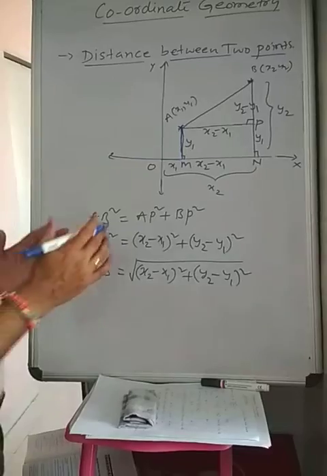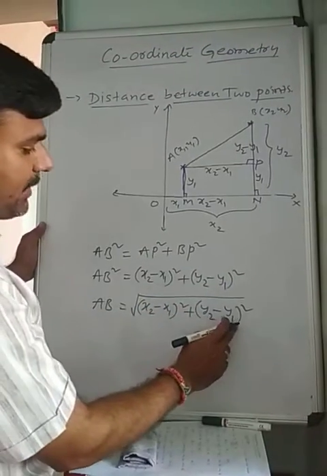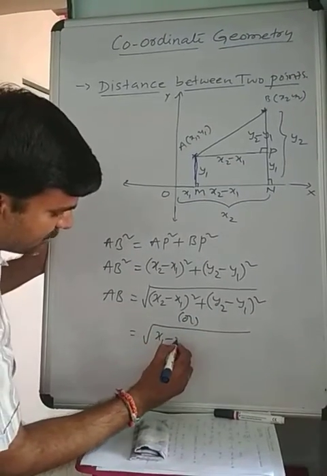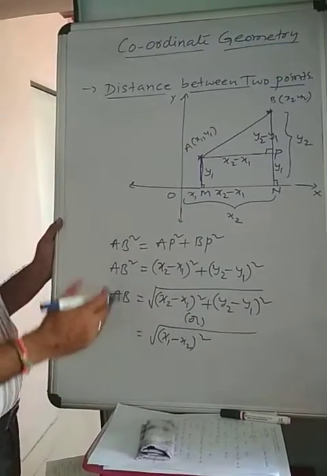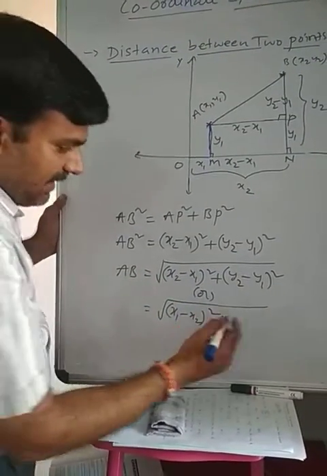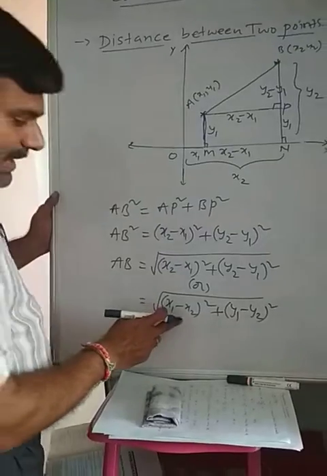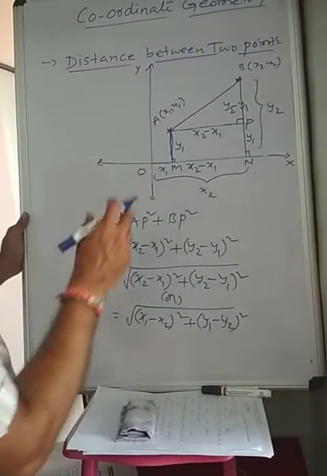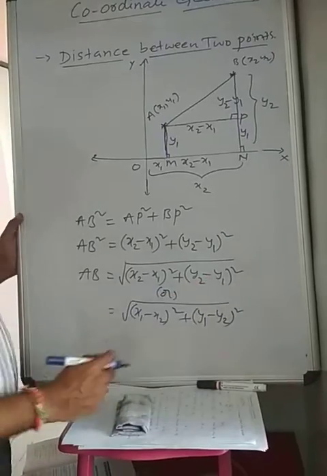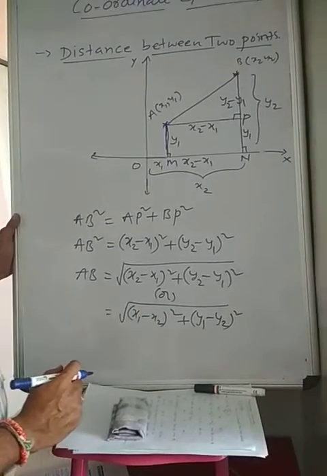This can also be written as x1 minus x2, because of the square: when you get a negative number, the whole square is positive, so the value doesn't change. Similarly, write y1 minus y2 whole square. So the distance between any two points in a plane is the square root of (x2 minus x1) whole square plus (y2 minus y1) whole square, or the square root of (x1 minus x2) whole square plus (y1 minus y2) whole square.